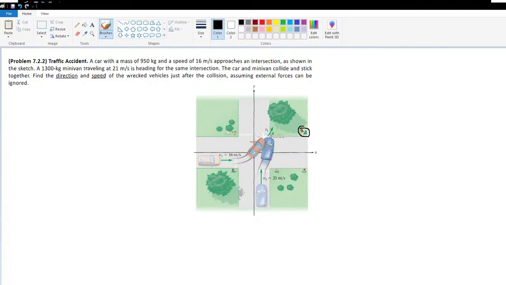You're basically just combining the momenta of the two vehicles. So we know this car down here, traveling this way at 16 meters per second, has a mass of 950 kilograms. We take those two numbers and toss them together, and that gives us 15,200 kilogram meters per second.